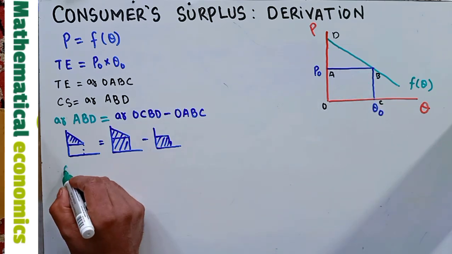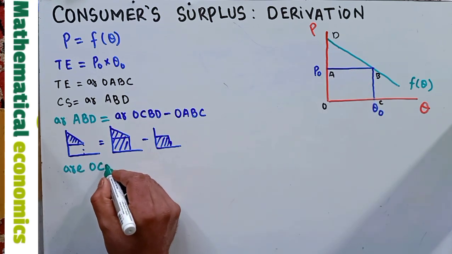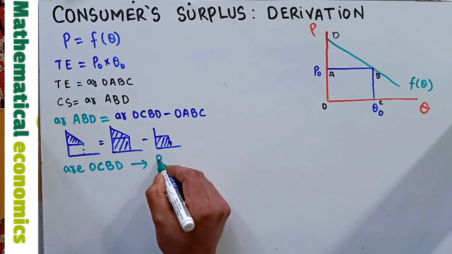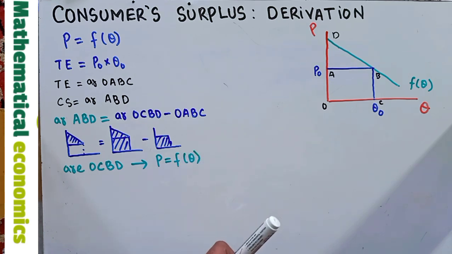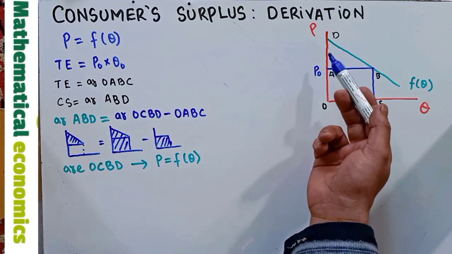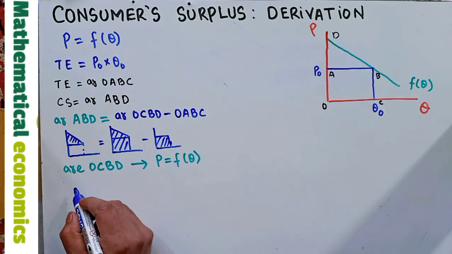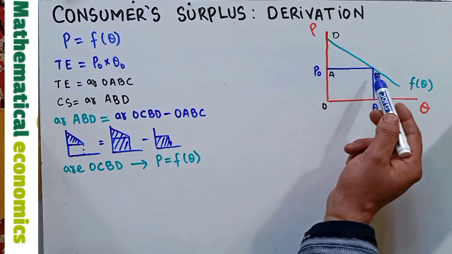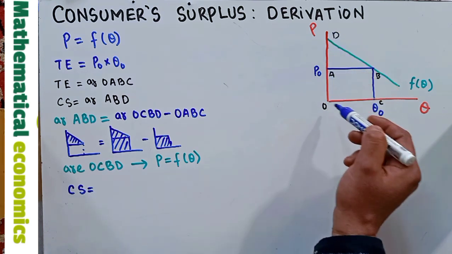Okay, so the area OCBD is actually the area under the demand curve, which is P is equal to f of Q. Now that implies the area of this triangle will be equal to, and let me write it here. Since this triangle denotes the consumer surplus, consumer surplus will be equal to the area of this whole region.